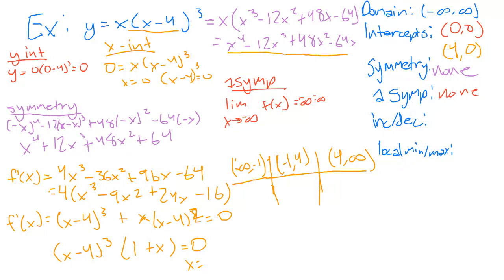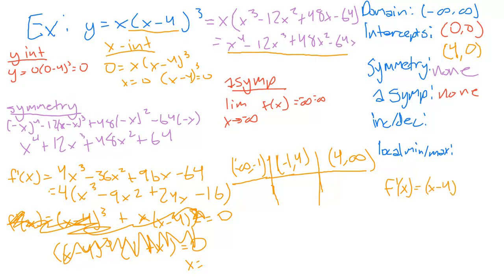Actually, wait, give me just 1 second. So everyone at home, make sure you double check your math, or you double check your numbers. So yeah, f prime of x, we are getting x minus 4 cubed plus x times x minus 4 squared.